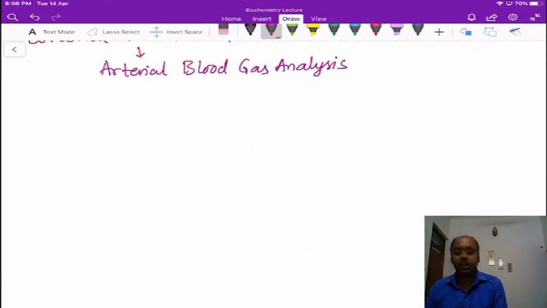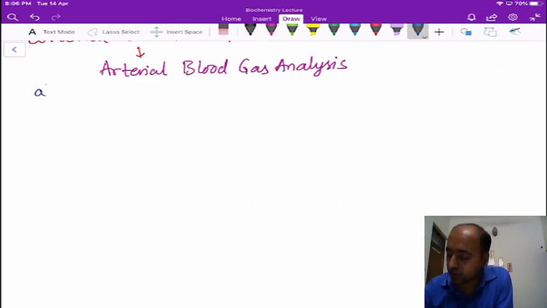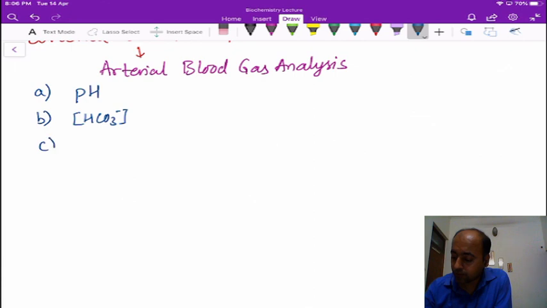It gives us a large number of values, out of which we are very interested in three values. First, we want to know the pH. Second, the bicarbonate concentration. And third, the partial pressure of CO2.